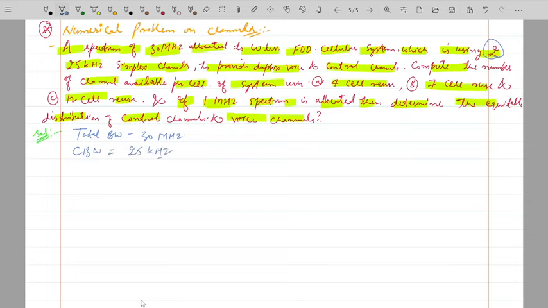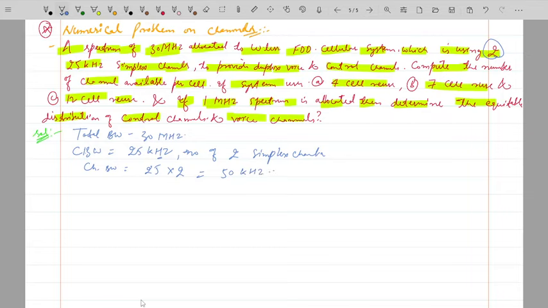Then the channel bandwidth we get is 25 multiplied by 2, that is equal to 50 kilohertz.